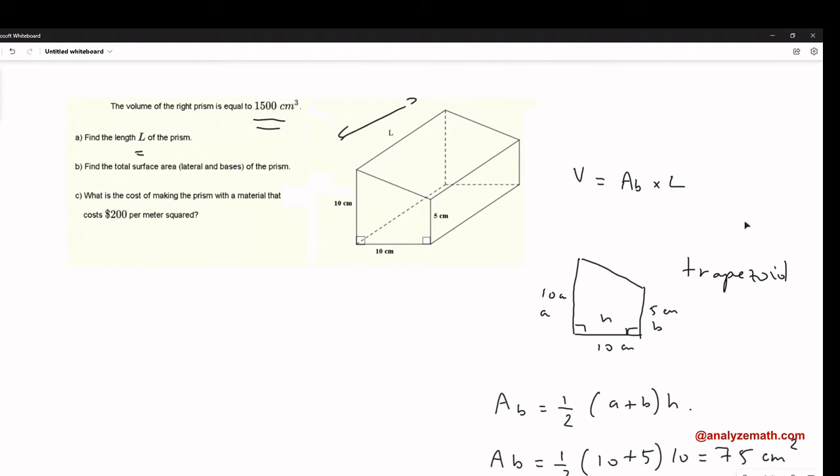Good. So now we go back to our formula for the volume. So V, the volume, is known. It's 1,500.